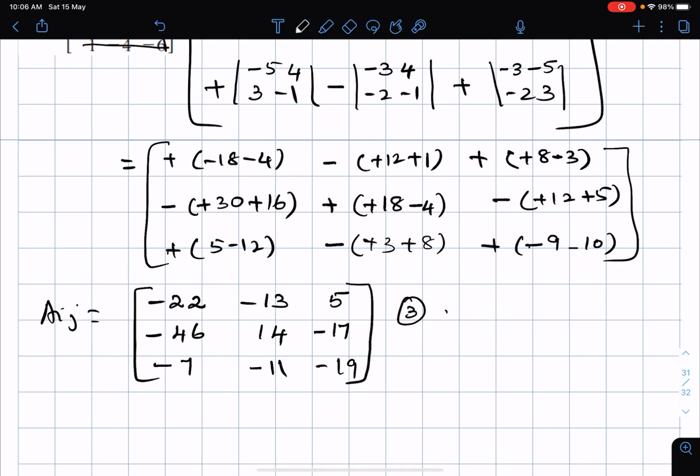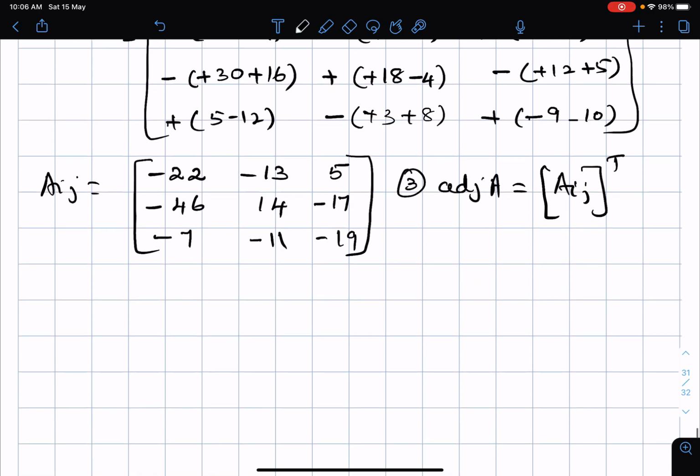Now we are going to the third step, that is going to be adjoint A, that is nothing but Aij transpose. So for Aij we are going to write the transpose. Transpose is rows into column. So now our adjoint A is going to be minus 22, minus 46, minus 7.